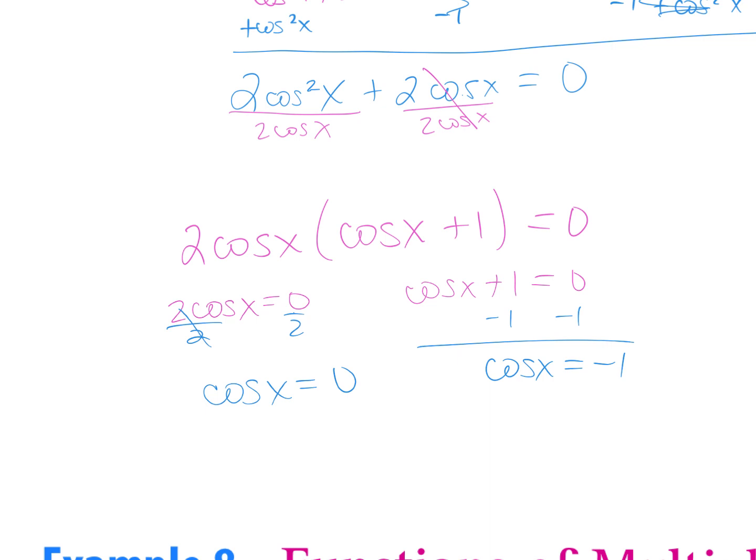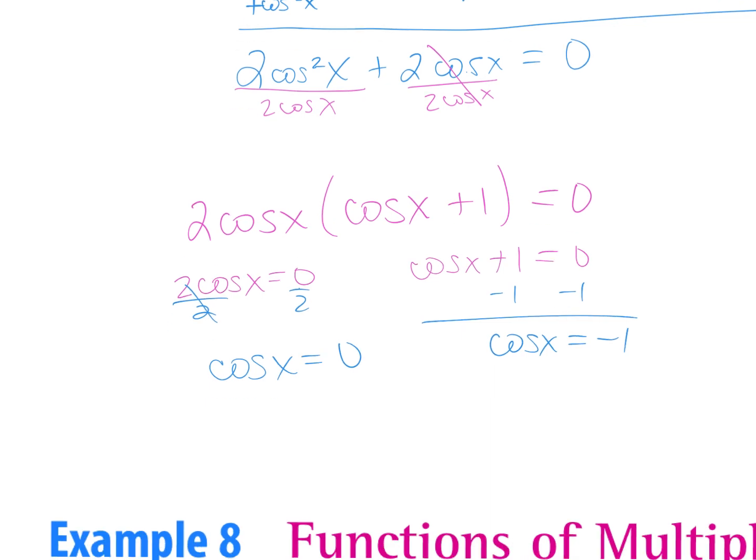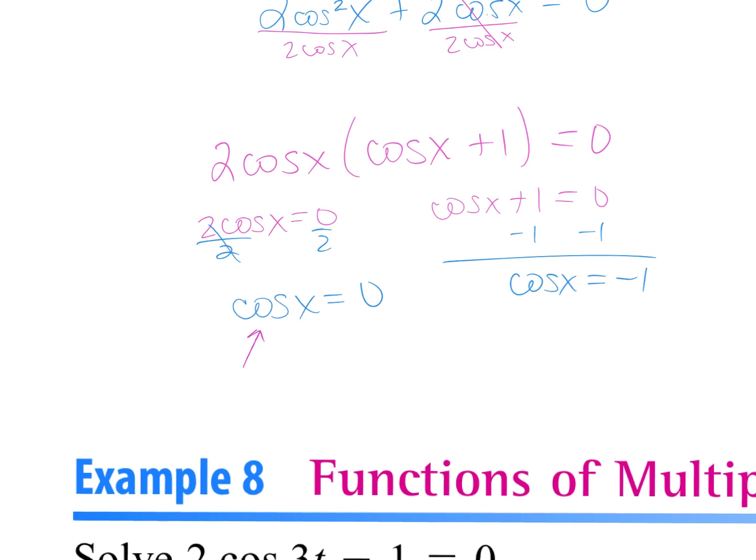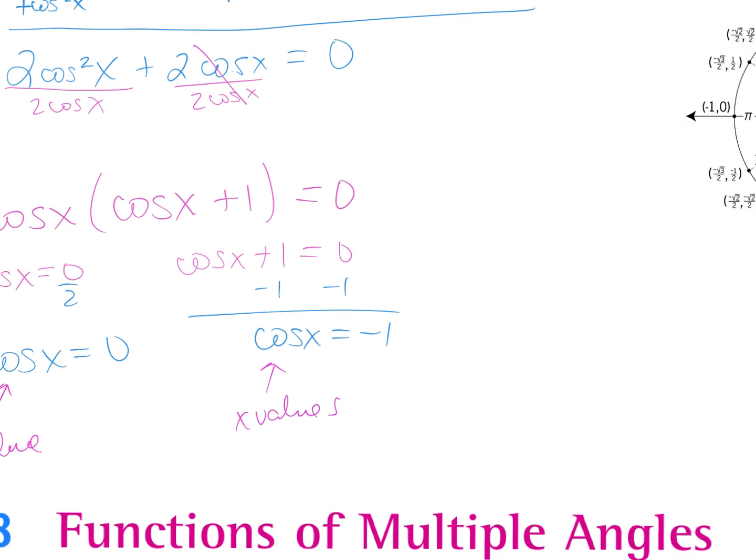Are those my final answers? No. What do I need to do? Cosine is what? X values. So I need to look at the little circle, correct? To find all the x values that are 0. And then I have to look at the little circle and find all the x values that are negative 1. So we come up here.